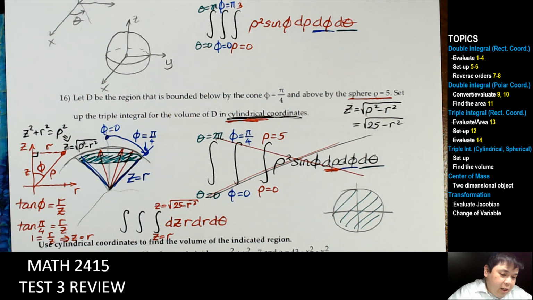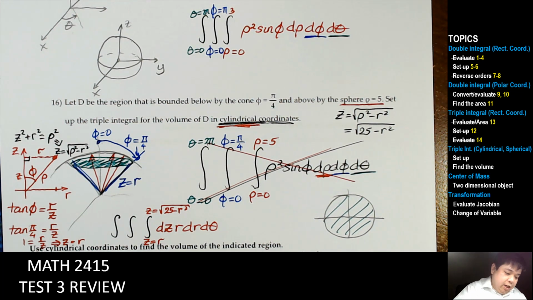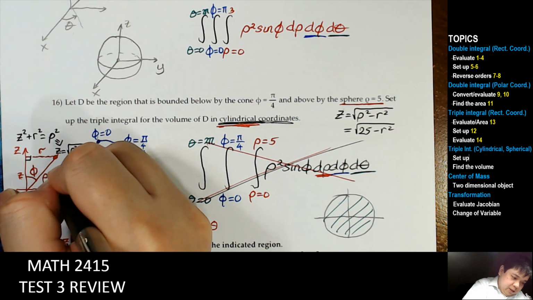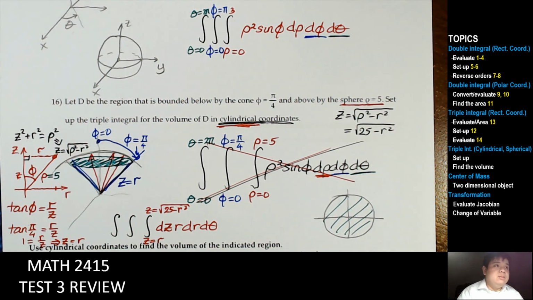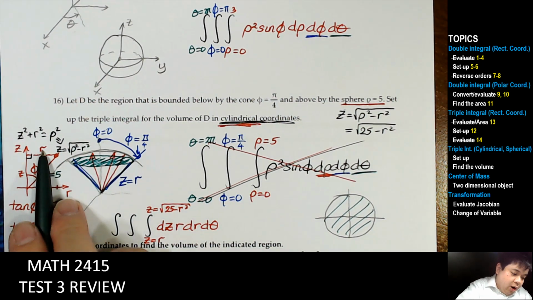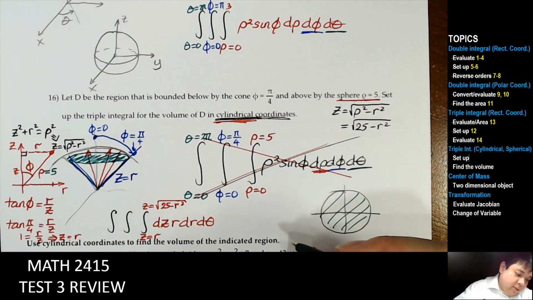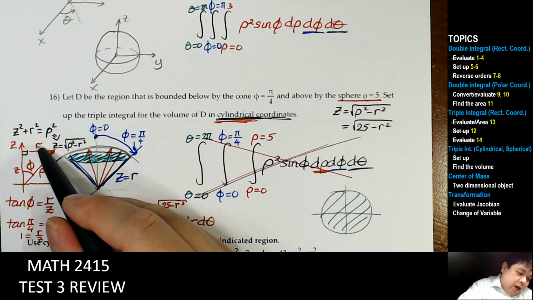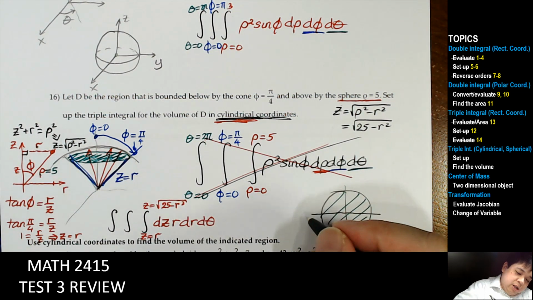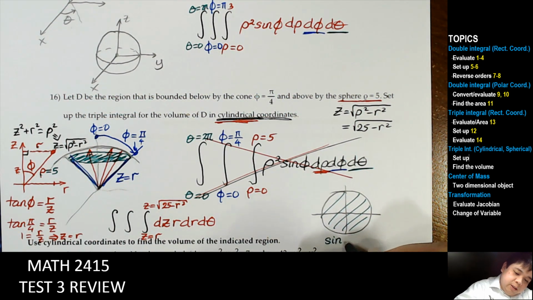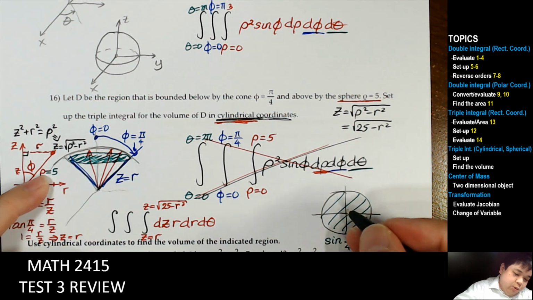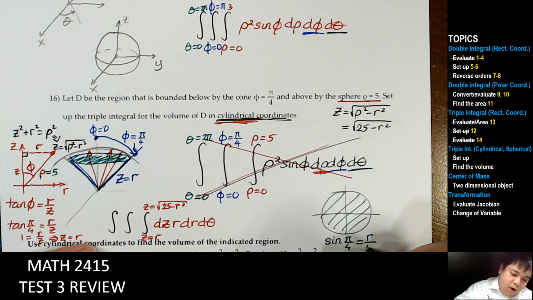So now, since rho is equal to 5, we have to find r. With this right triangle, r and rho, opposite over hypotenuse. So sine of that angle is equal to opposite over hypotenuse.